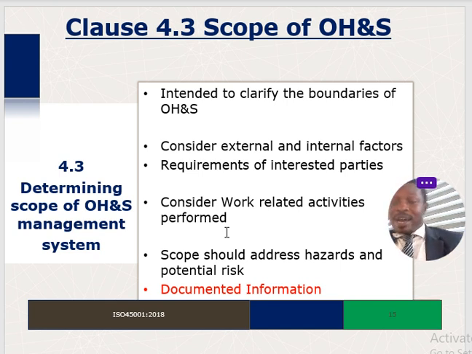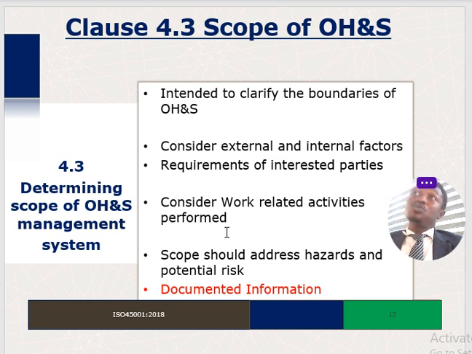So the organization can go for parts or the full scale of its operations or operational areas in the management system. Basically, clause 4.3 talks about clearly defining your boundaries, the applicability of the OH&S management system you are developing. When you are defining your boundaries or applicability, you have to consider external and internal factors.